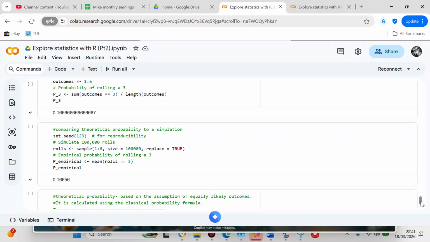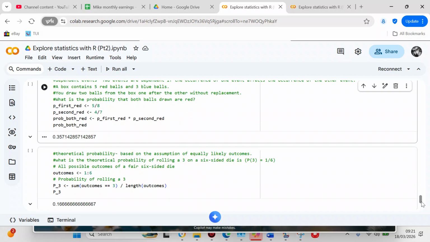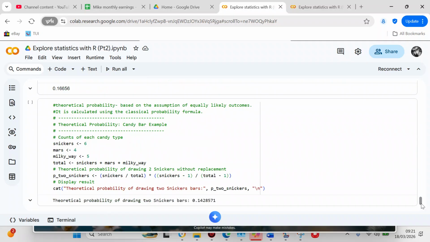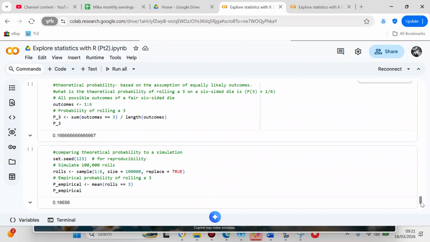The one that we did before, the theoretical probability, is 0.167. And when we compare it to the simulation, it's 0.1656. And so this simulation demonstrates the law of large numbers.